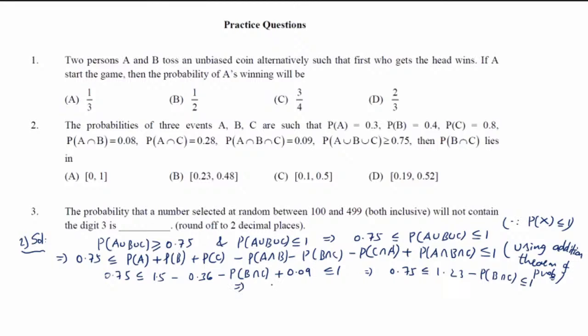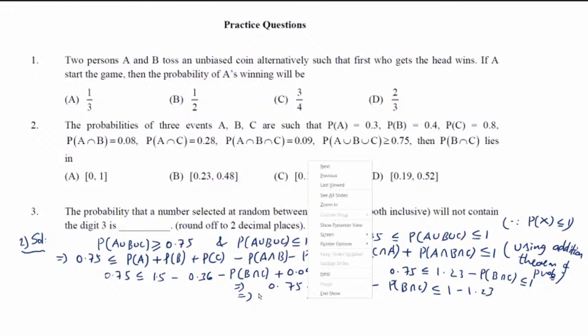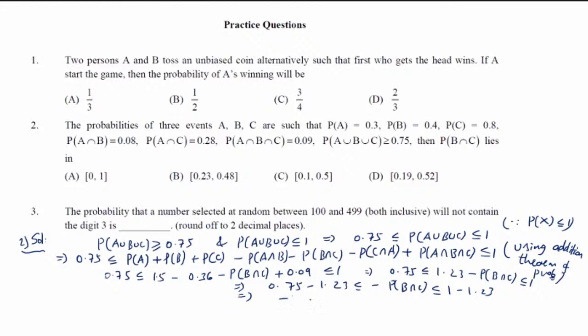That is 0.75 minus 1.23 is less than or equal to minus P of B intersection C, which is less than or equal to 1 minus 1.23. So I can write this as minus 0.48 less than or equal to minus P of B intersection C less than or equal to minus 0.23.